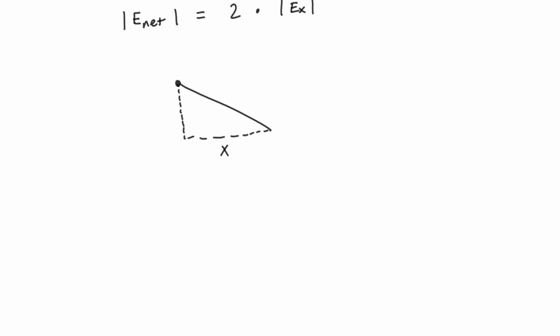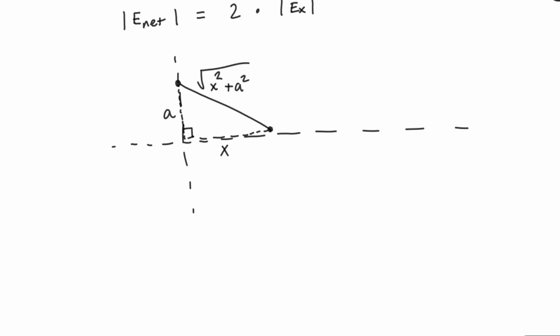This distance is x, this distance is a. And because we're going to need it, the distance between the charge and the field point that we're evaluating at is going to be the square root of x squared plus a squared.